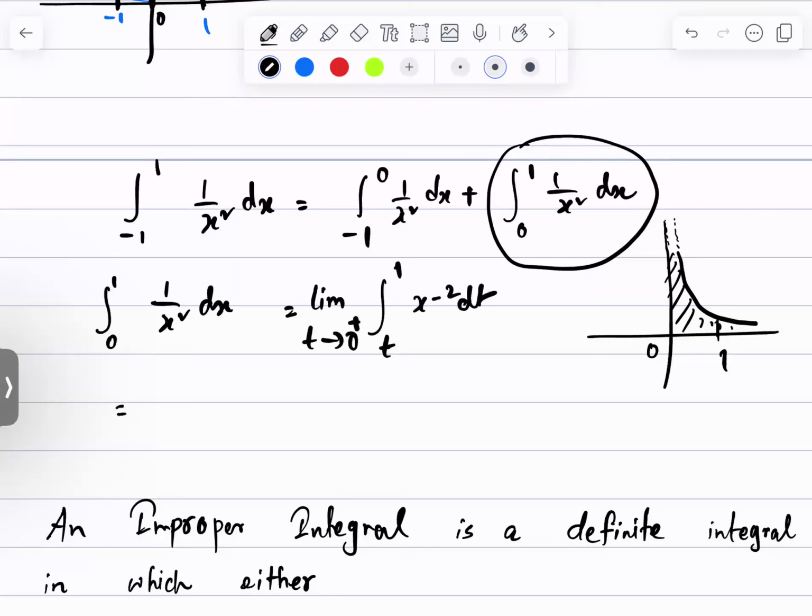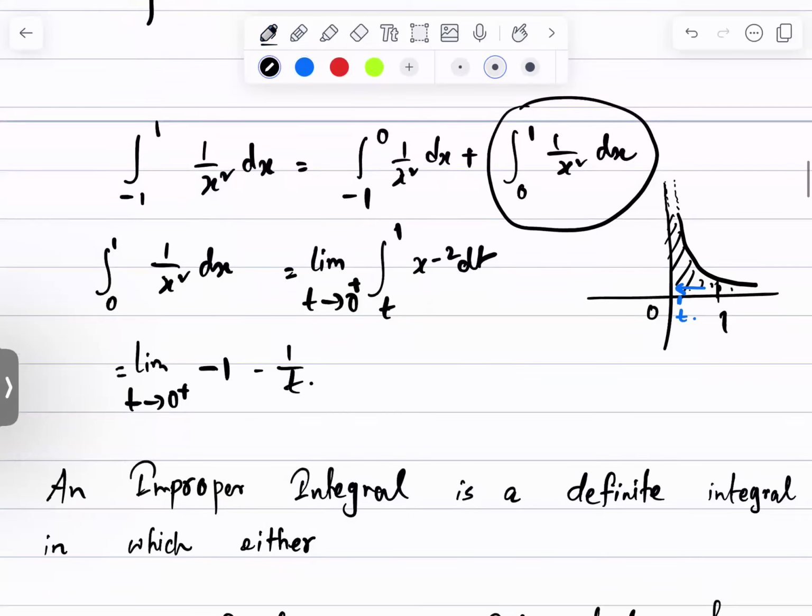So this will be basically minus 1 over x, and then limit t tends to 0 plus. The 0 plus means we are approaching from the right side towards 0, right? Because we know that at 0, the function increases rapidly. So we just consider this t here, and then we push this t to be 0 using limits. This is a standard idea in many areas of mathematics.